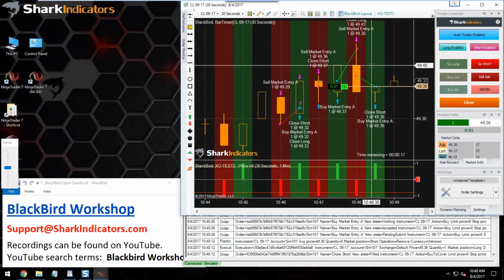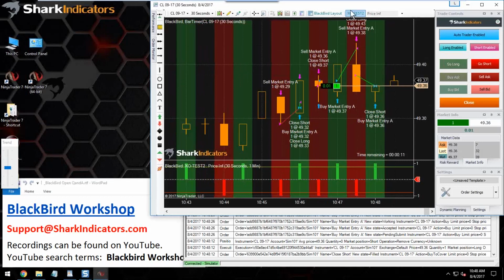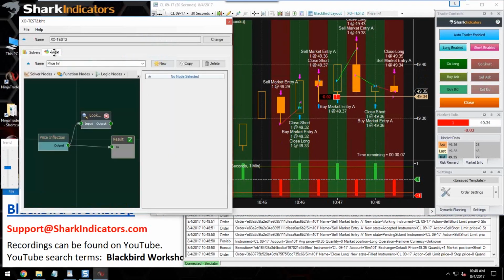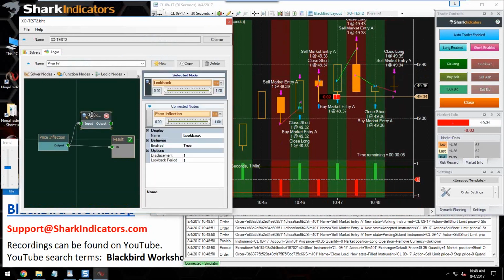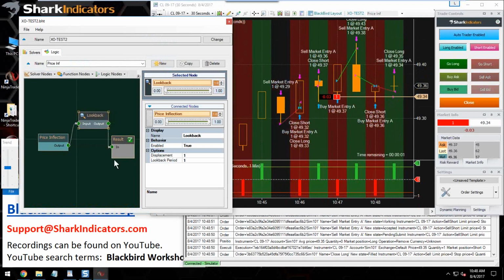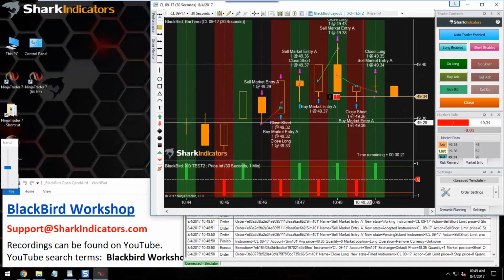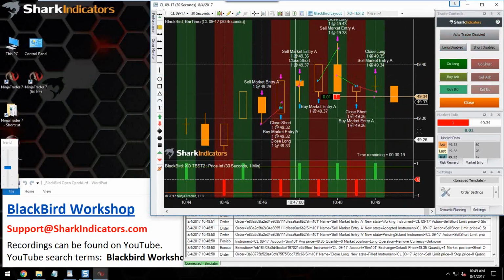I'm going to see if I can make a quick modification to my BloodHound template. Oh, yeah, there we go. Okay, I think that'll do it.